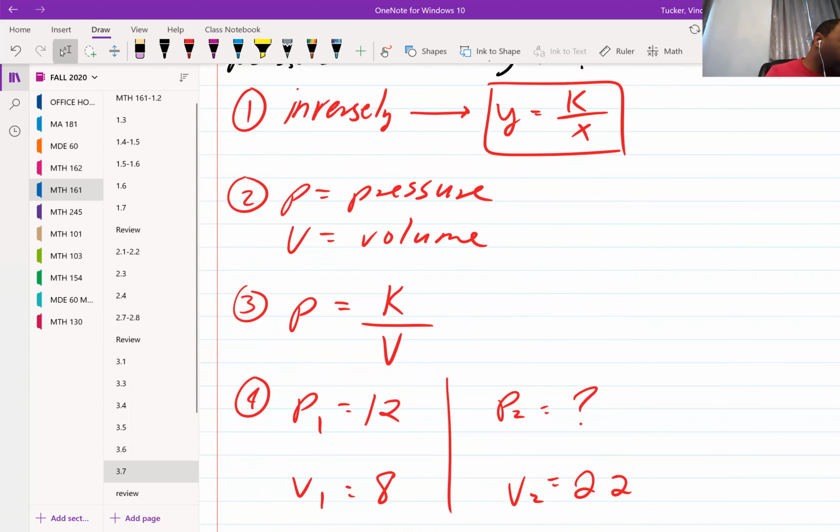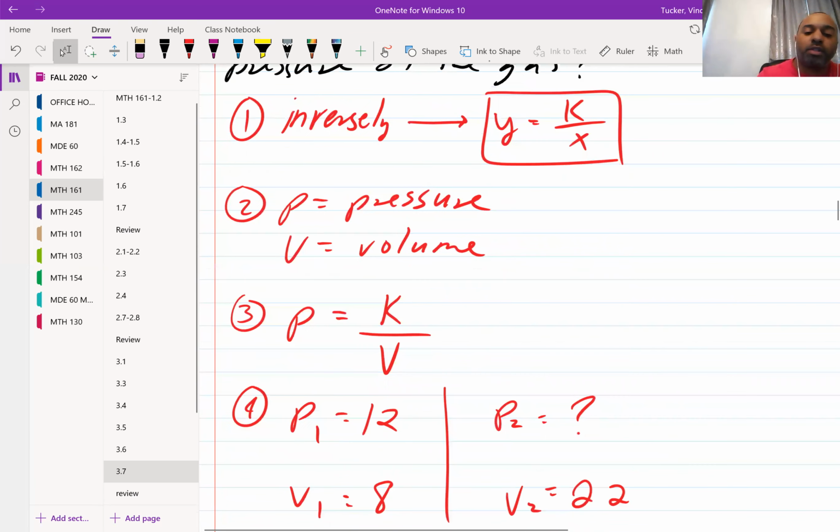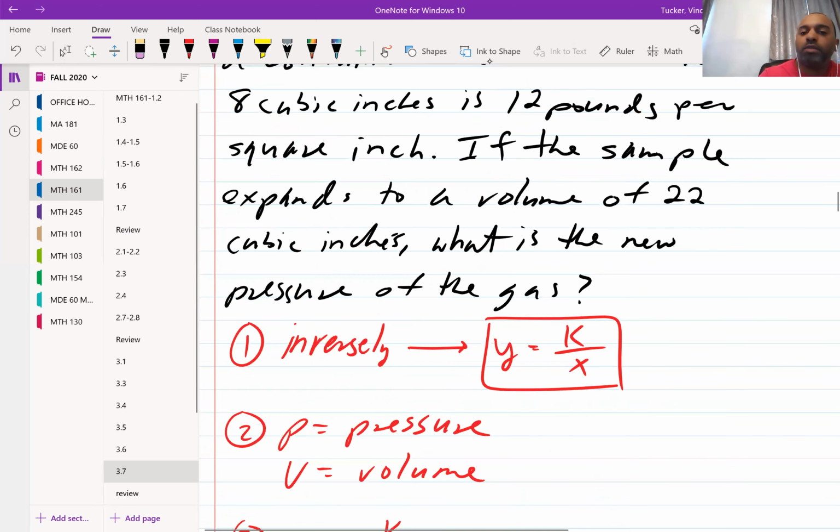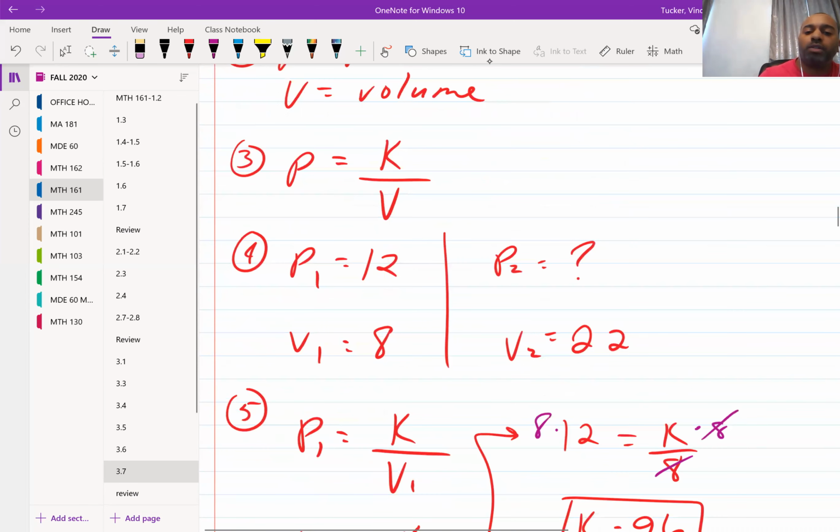Write down your given information. So the first set of information was 12 for the pressure, 8 for the volume. Then they asked us to find the pressure. But the volume increased to 22 cubic inches.